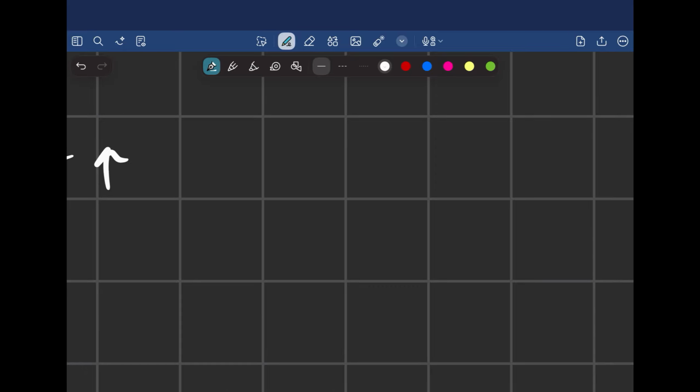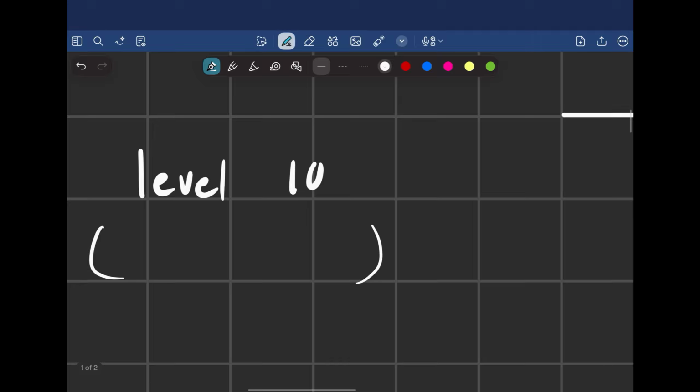We always need to round down. What does that mean? Well, let's say you're playing a video game and you're on level 10. And now there can maybe be an experience bar that's continuing, but whenever you look at your level, you always say level 10. You never say level 10.75 or anything like that. You always say level 10. And until you reach the next level, you always say the level that's directly below you. So that's why you say level 10.